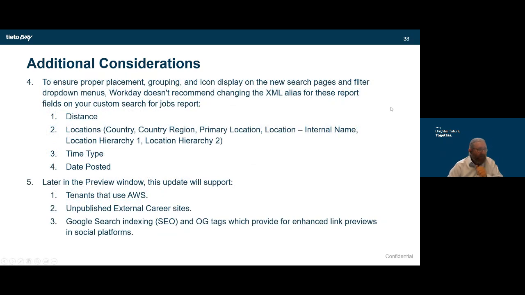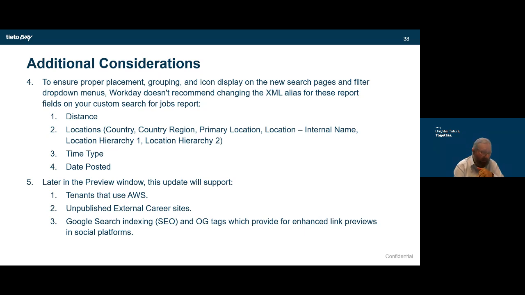Also, this is a technical point really, that Workday suggests you do not change the XML aliases for some of the distance, locations, time type, and date posted in the Find Jobs reports, because otherwise it potentially might change the way they appear on the screen.